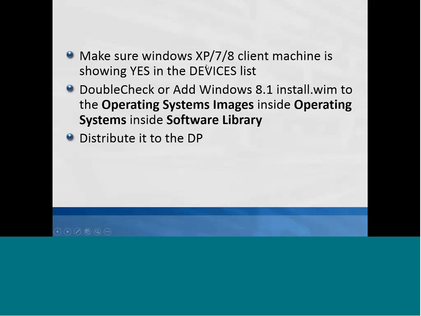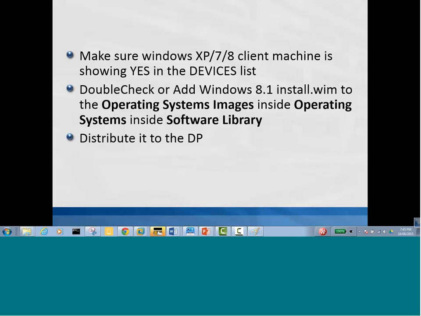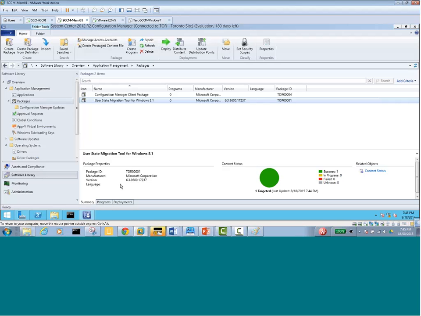So Windows 7 right now should be showing yes. So I'm just going to go back and check my side. What should we have? Show you what you got on the packages.